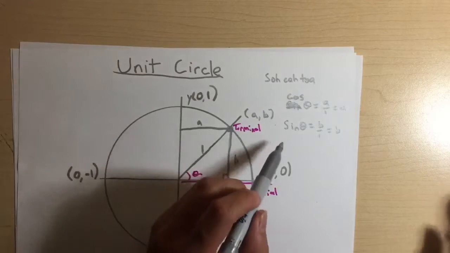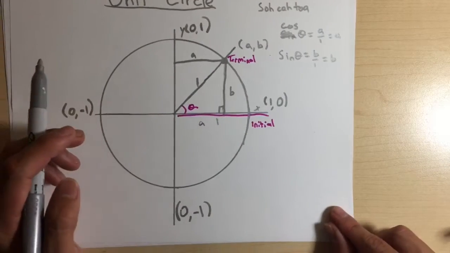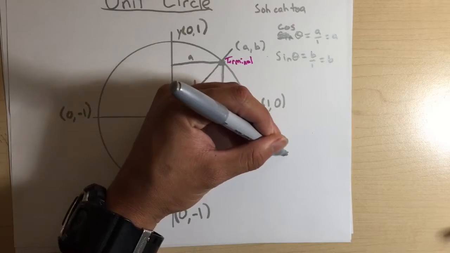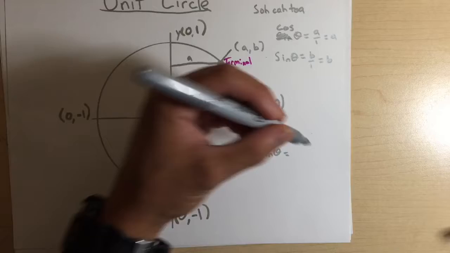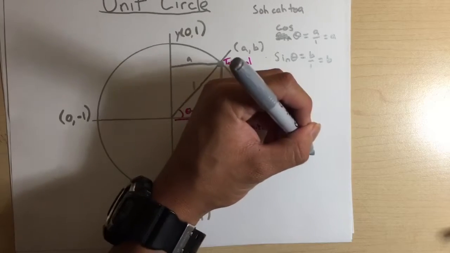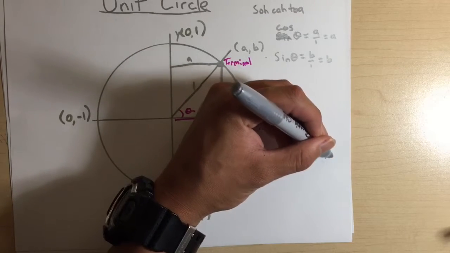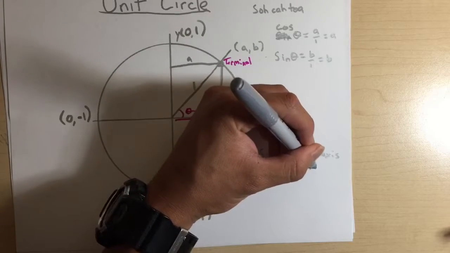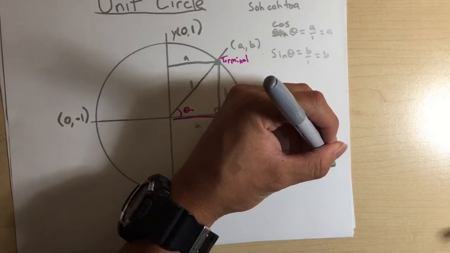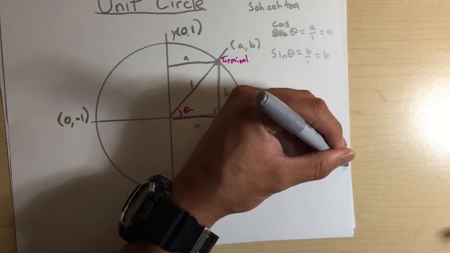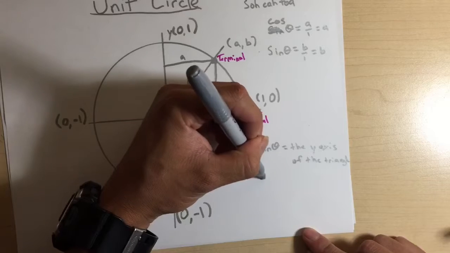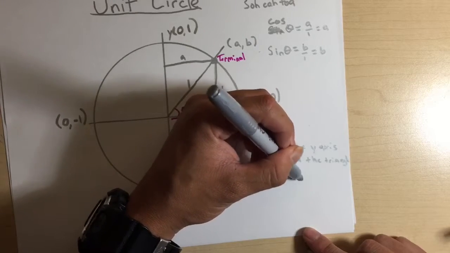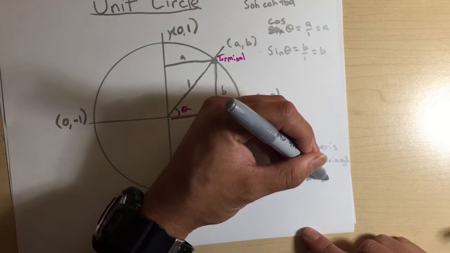So if we think of it here, we could come to a conclusion that sine theta equals the y-axis of the triangle, while cosine theta is equal to the x-axis.